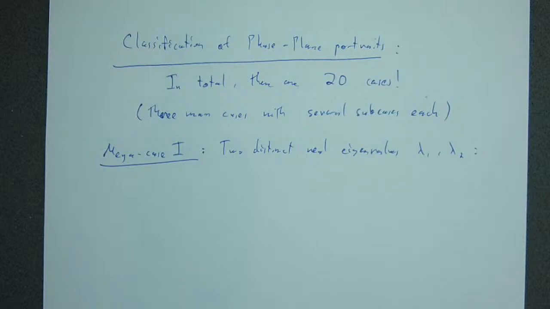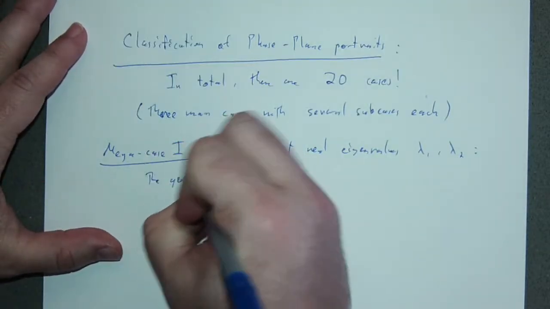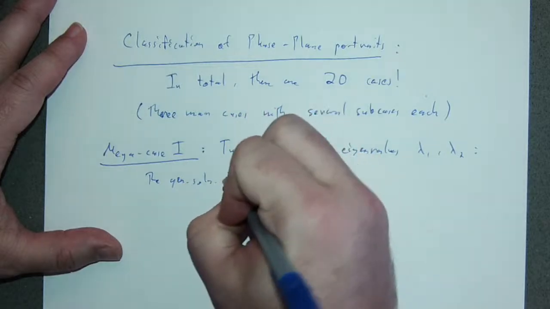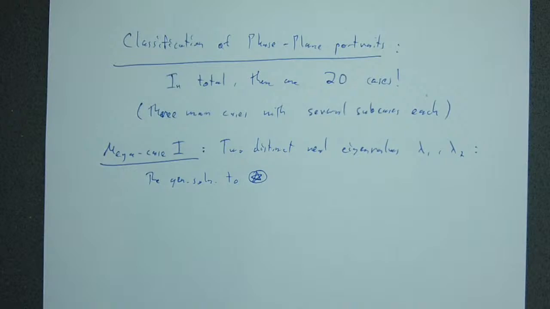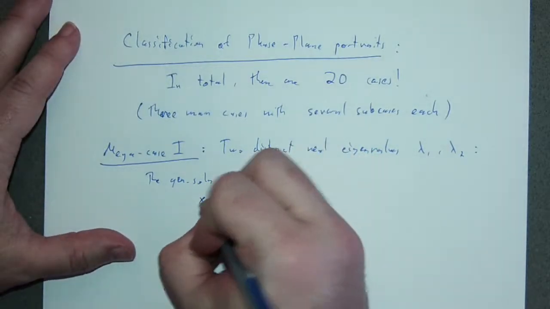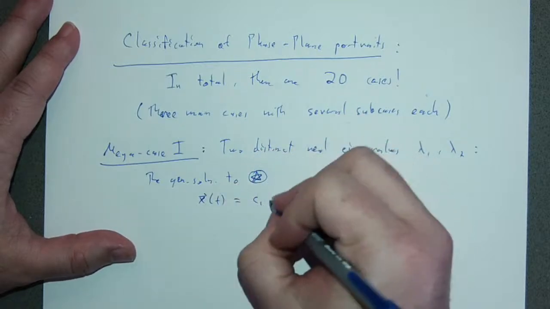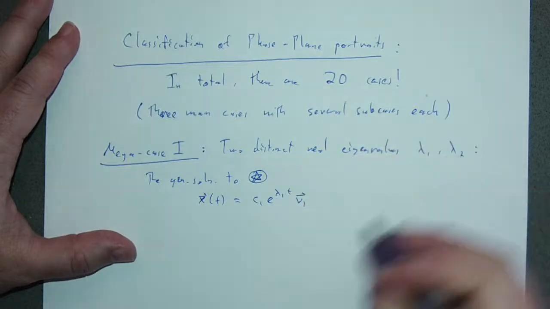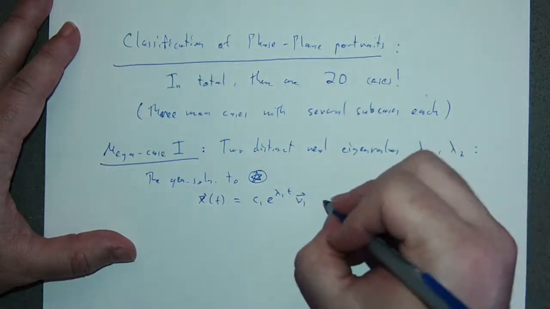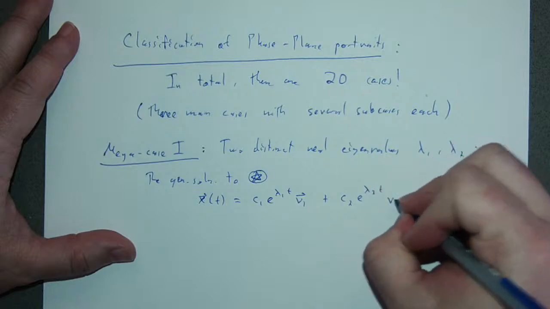Now in this case, the general solution to, I'm going to call the system that we're solving star eternally for the rest of this lecture, the general solution to star is x of t equals c1 e to the lambda 1 t v1, where v1 is an eigenvector for lambda 1, plus c2 e to the lambda 2 t v2.